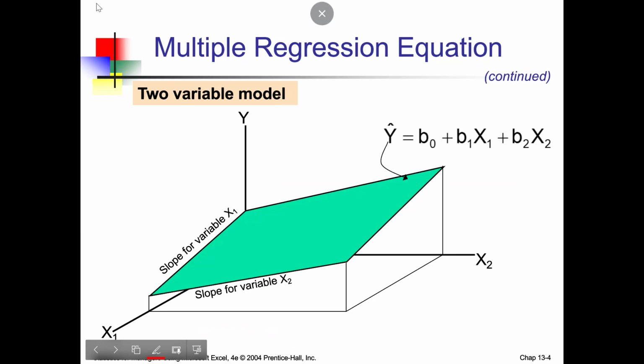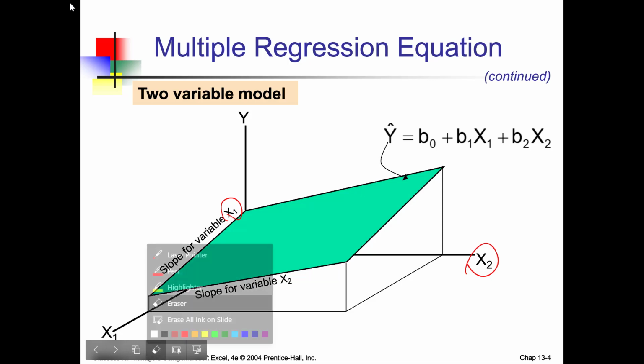If you look at the two variable model, we have independent variable number 1, x1, and independent variable number 2, x2. That will create 3 dimensions, because both independent variables move in different directions.